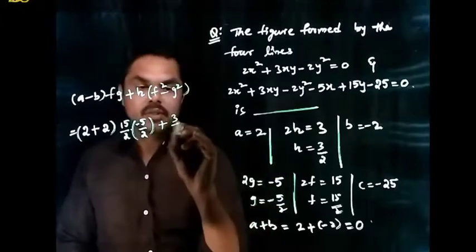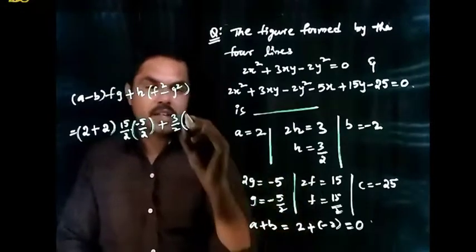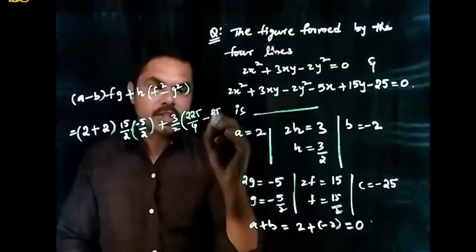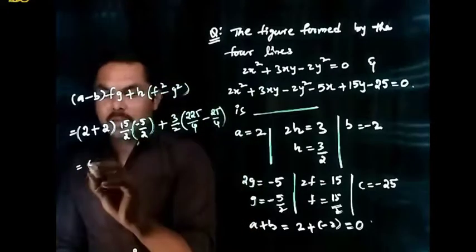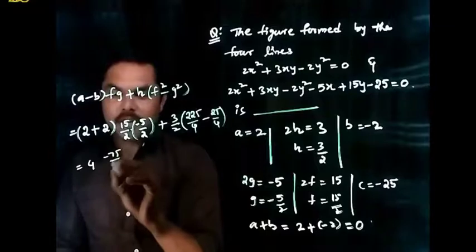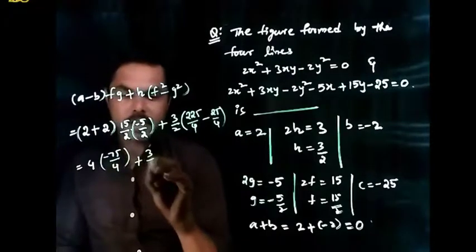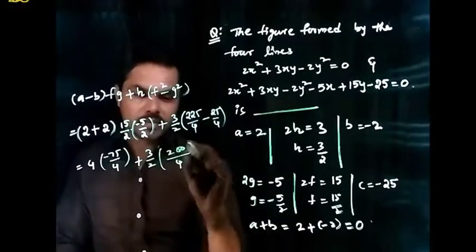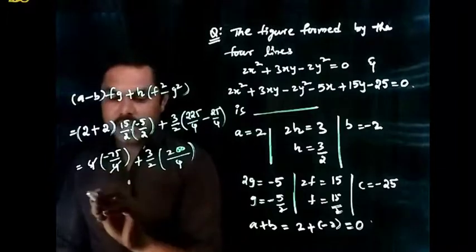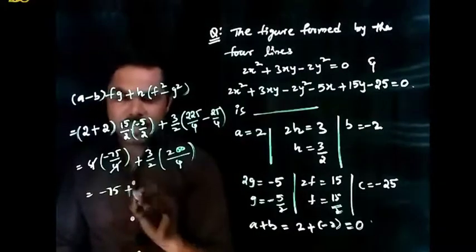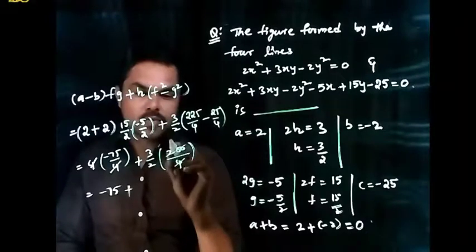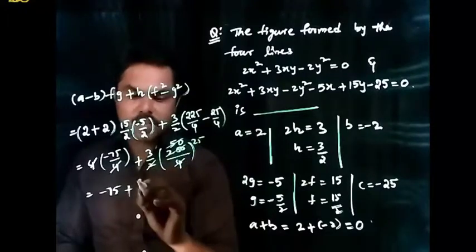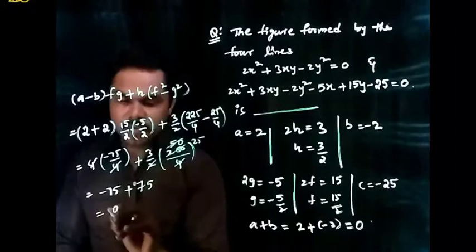What is the h value? 3 by 2, and f square 225 by 4 minus g square 25 by 4. 2 plus 2 is nothing but 4, into minus 75 by 4, plus 3 by 2 into, after taking LCM, LCM is 4, 225 minus 25 is 200. Okay, now 4 cancels. This is minus 75 plus, here see, 4 5s are 20, 2 1s are 2, so 25... 300, which is again 75. 75 minus 75, 0.